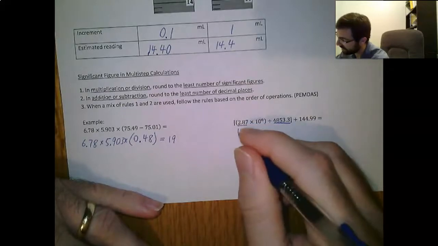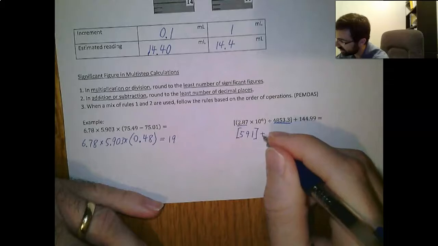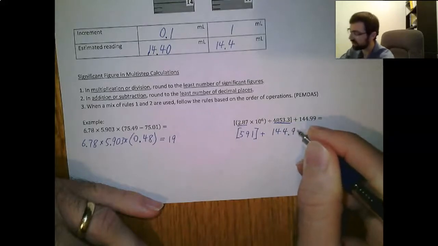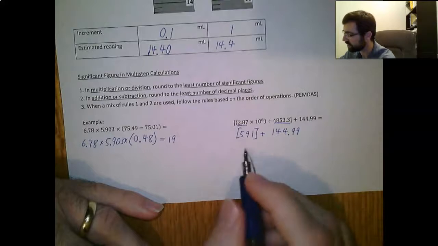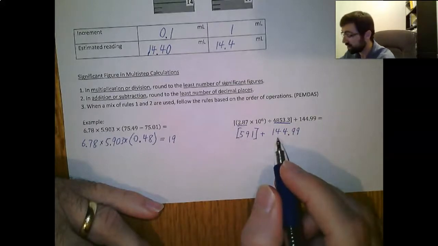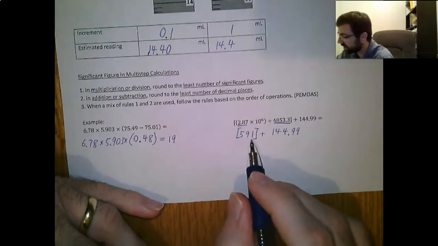In the brackets, that's what I have is 591, and I'm going to add 144.99. Now, what's the least number of decimal places between those numbers? No decimals, just the whole number, the ones place.